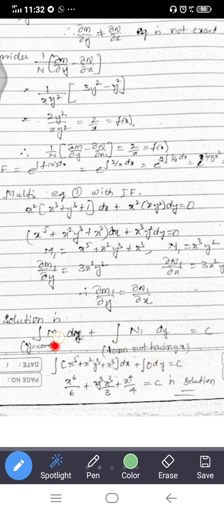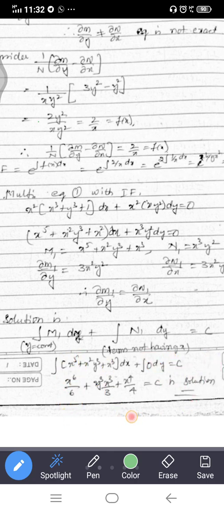What is M1 here? x power 5 plus x square y cube plus x square, into dx, plus integral of N1 the terms which are not having x. We have here N1 as x cube y square. The term is having x, so we don't have terms which are not having x. So we have to keep 0 dy equal to c.